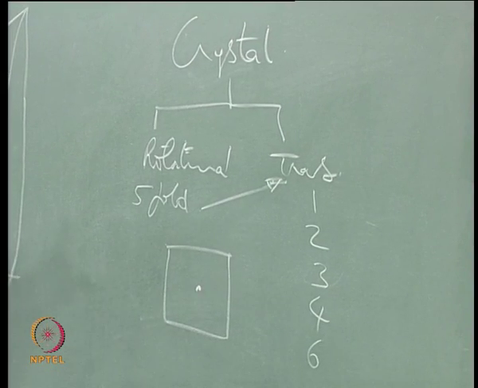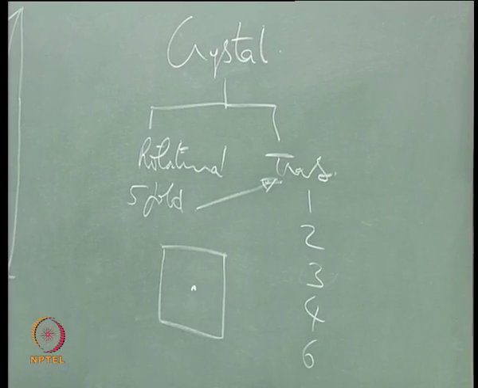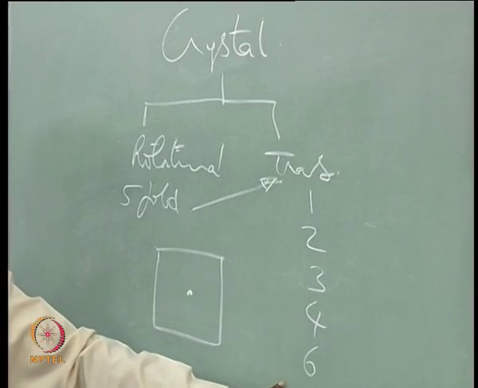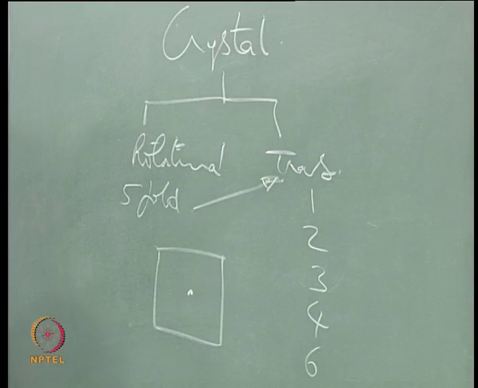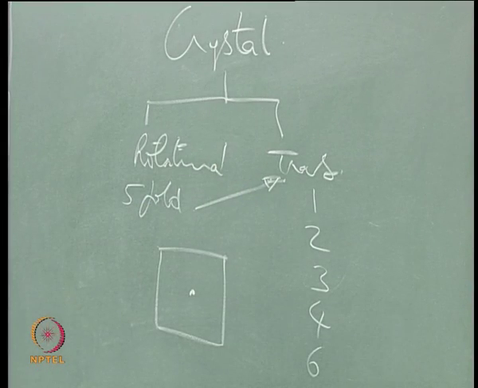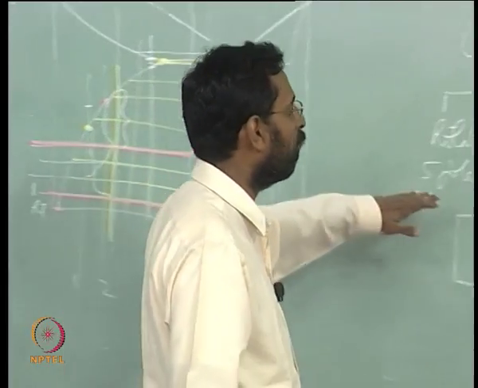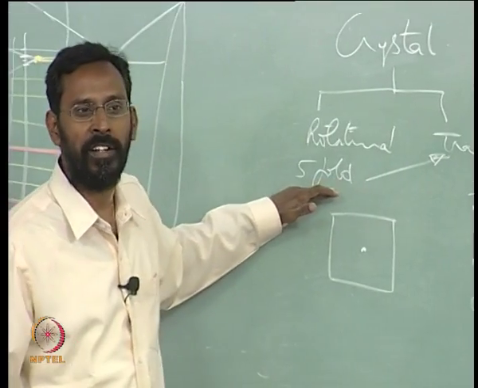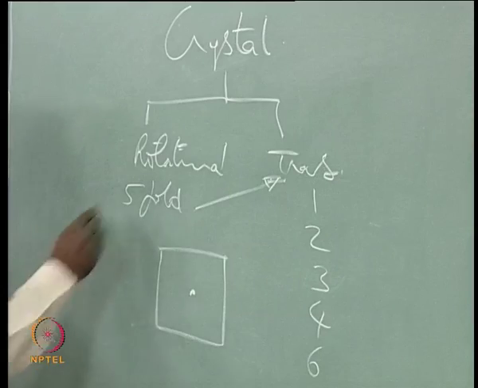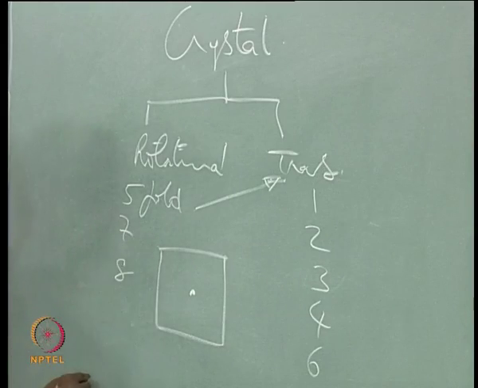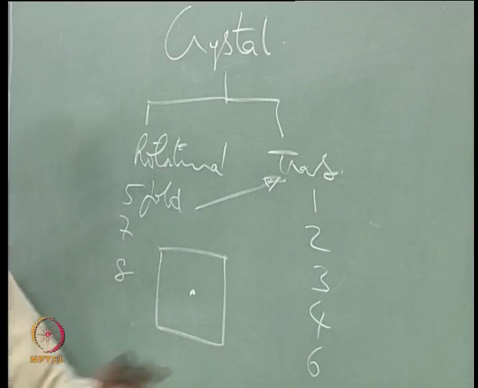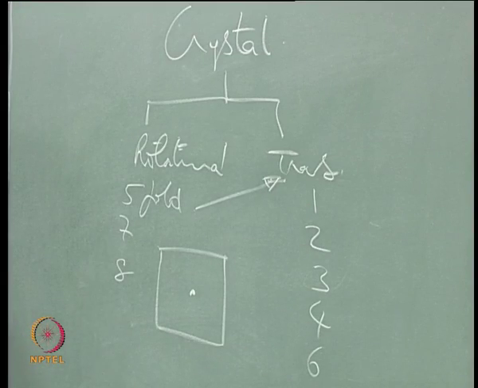The moment you have a 5-fold symmetry, you cannot have a translation symmetry, whereas all these symmetries you can simultaneously have with a translation symmetry. You can go back to any crystallography book and see the proof of it. So that is the reason why 5-fold, 7-fold, 8-fold, anything other than these are all forbidden.